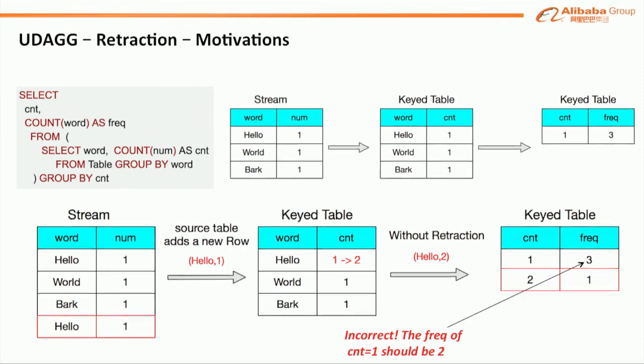Because when we added 2 and 1, we forgot to retract 1 and 3. When we change something in the intermediate result, we have to tell the final result and revise it, saying, hey, some word was previously at 1, but it has changed. You need to retract the count on 1. So that's the idea of retraction, and that only happens in streaming.